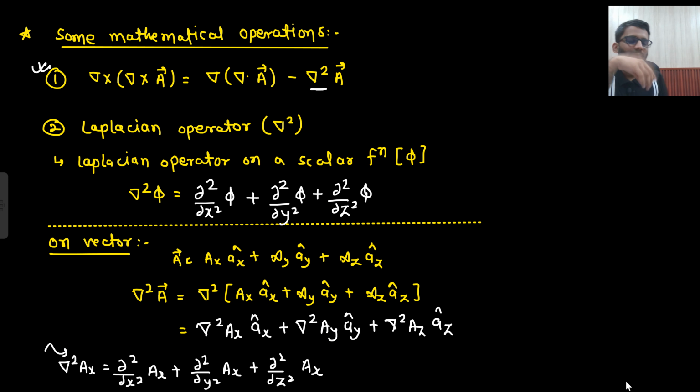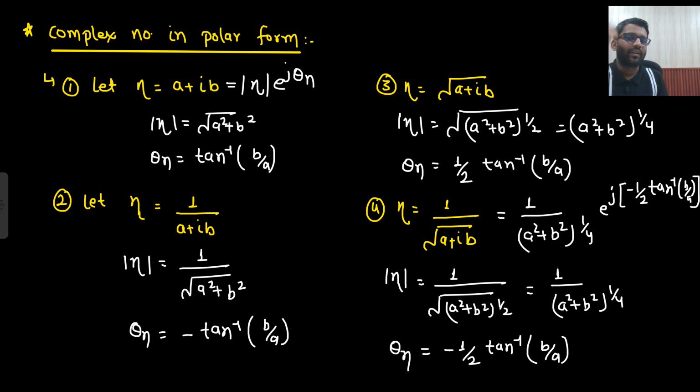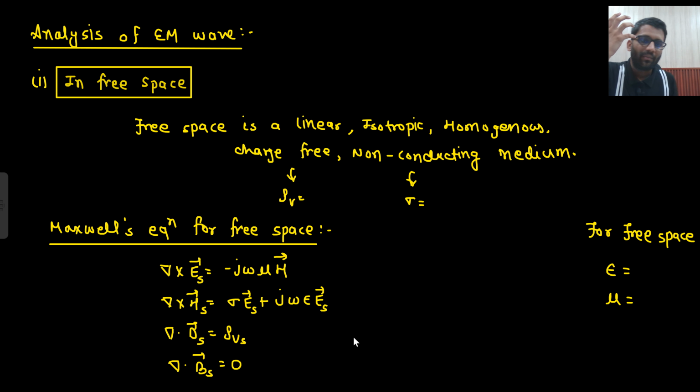And then we saw some mathematics: the Laplacian is actually performed on a scalar only. If we are performing it on a vector, then we perform it on the AX component, AY component and AZ component. Then we saw the polar form. Now we are going to do the mathematical calculation of EM waves in free space. So this is our first one. Then we are going to see it in lossless dielectric, then in lossy dielectric, then in conductor.